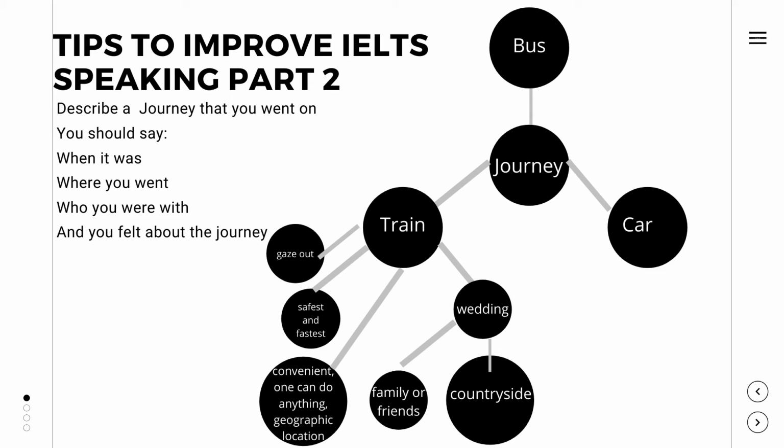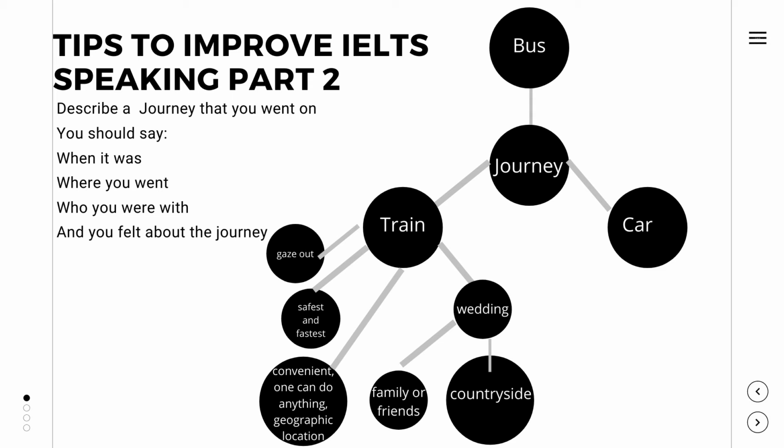So in this cue card, you will discuss your journey, and the journey might be through a train, through a bus, through a car. But if you choose the train to elaborate your journey experience, first of all you will think in your mind why you prefer to travel by train.